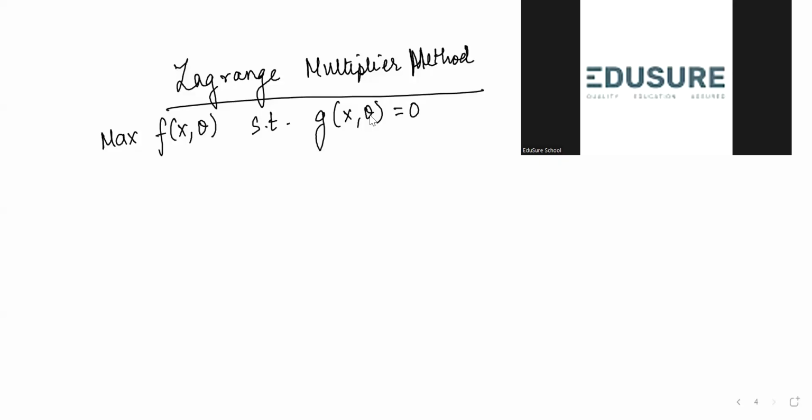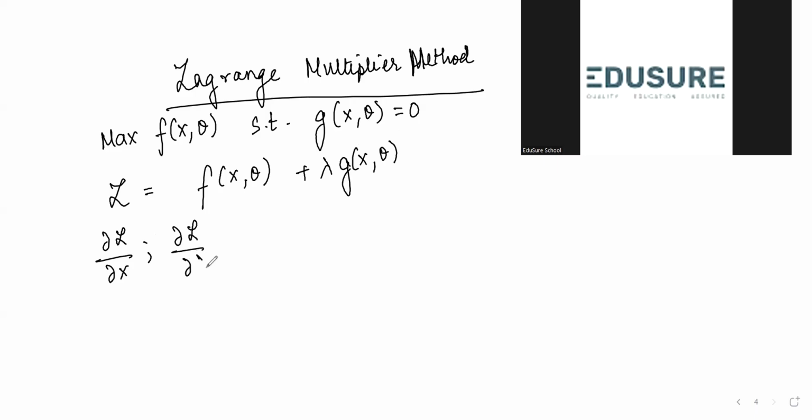Let's form the Lagrangian. The Lagrangian is basically f(x, theta) plus lambda times g(x, theta) minus 0. Let's find the first order conditions. The first order conditions for optimality are derived by finding the partial derivatives of the Lagrangian with respect to x and lambda.